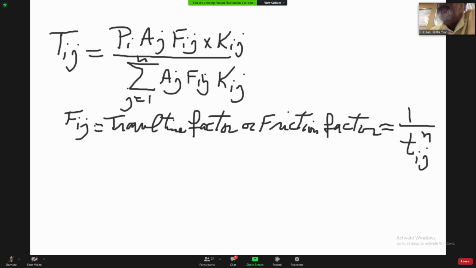That's pretty much the same thing as Fij in the formula, because multiplying Pi times Aj divided by Cij is the same thing as dividing by Tij to the power of n. N is the number that we used as B over there. We use n over here. The only thing that's different here is your Kij. You don't have Kij in the other formula, and that's called the socioeconomic factor.